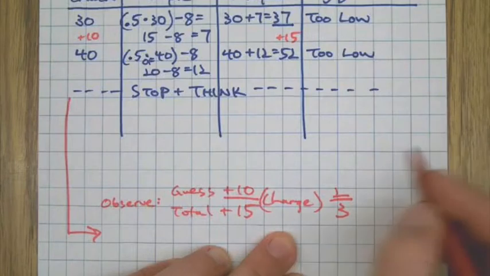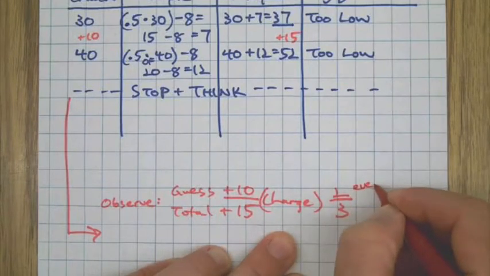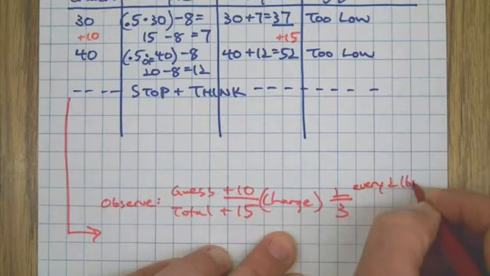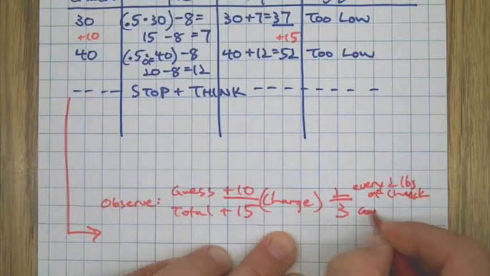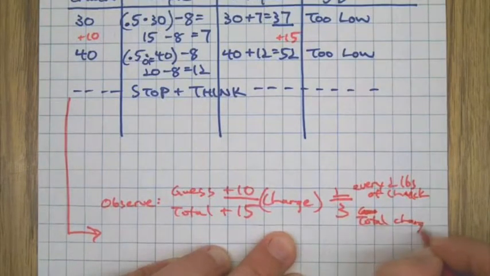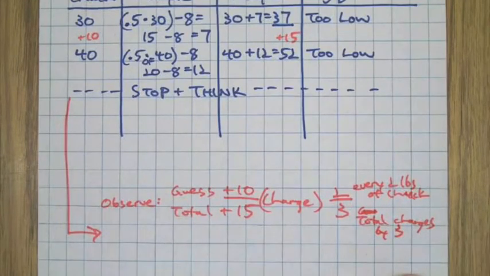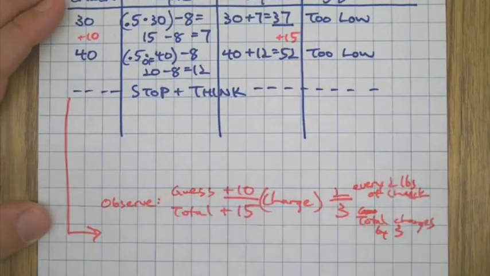So, for every 2 pounds of Chuck, total changes by 3. This is the observation we need to know here. Now we can get the correct guess. What do I want it to change?